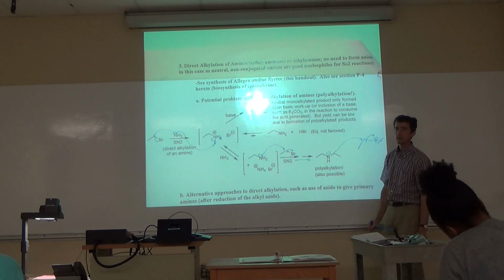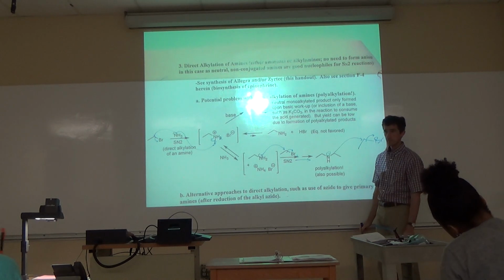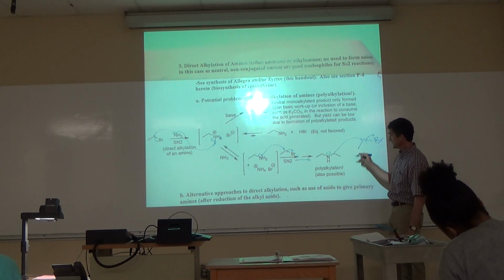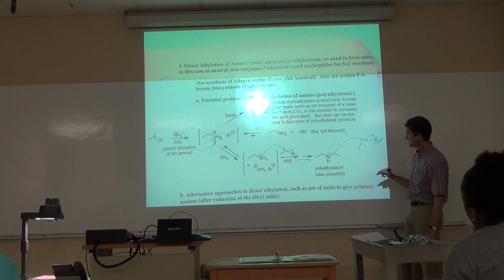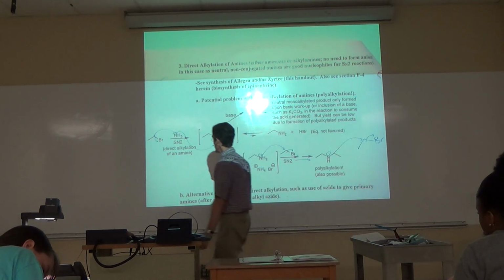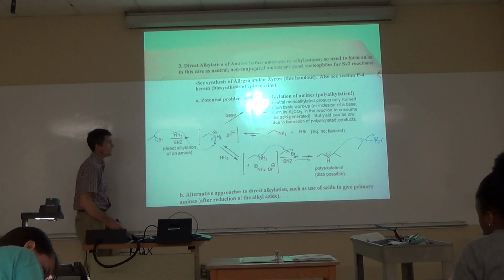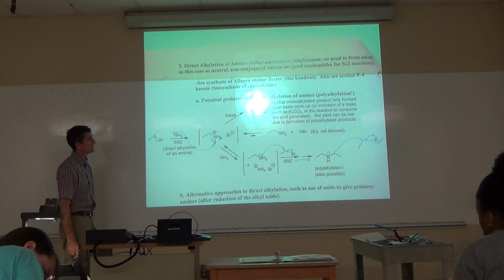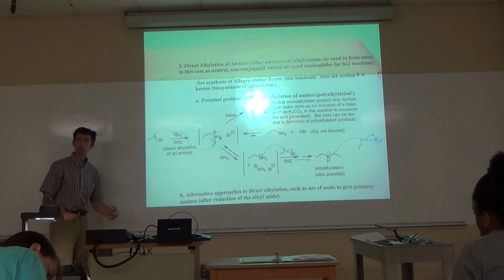And it can keep going. And that's called polyalkylation. So would that third one make triethylamine? It actually would make triethylamine, yes. But then you might have three alkyls. But it can keep going. This is possible. It doesn't always happen. It depends on the conditions.